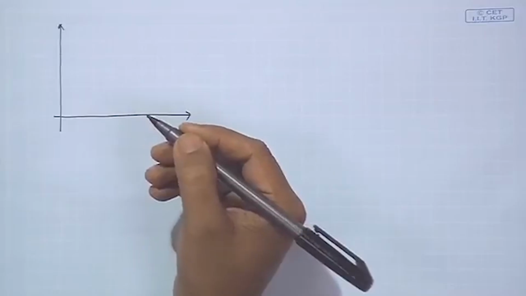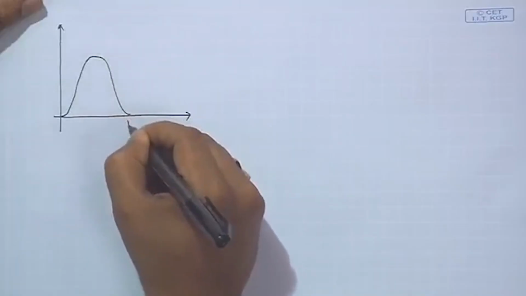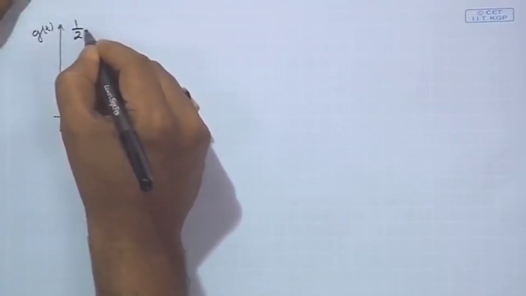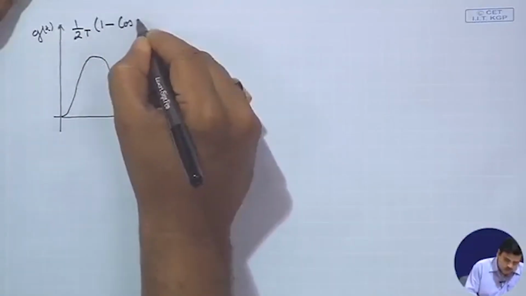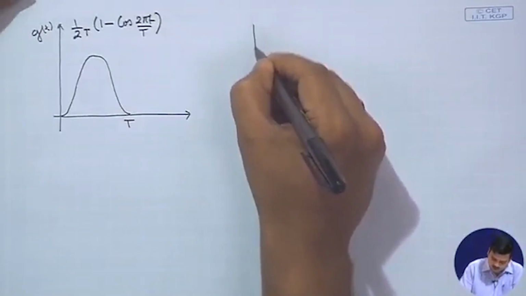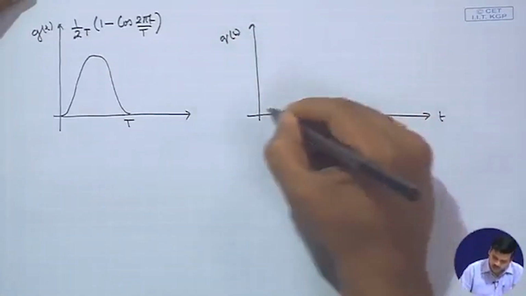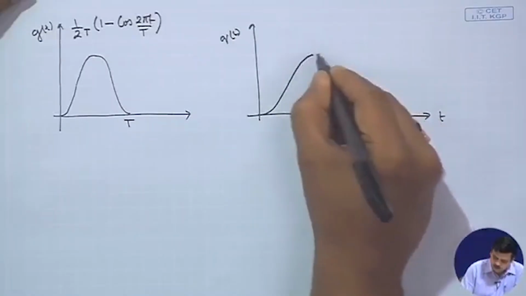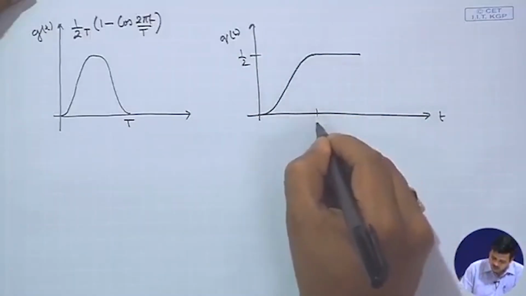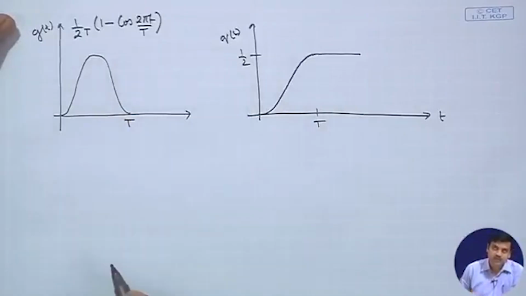you could have a waveform which would look like, let us say, this for the interval 0 to T, and this I would call g(t), and you would have it 1 by 2T (1 minus cos 2 pi t upon T), and the q(t) for this case would look like a slowly, smoothly rising curve, and then going ahead, and here the value is half and this is T. So, you can also recognize this is the full response signaling, and this kind of pulse shape is a raised cosine pulse shape.